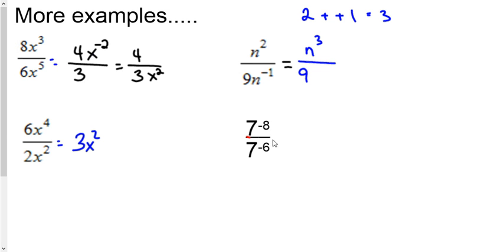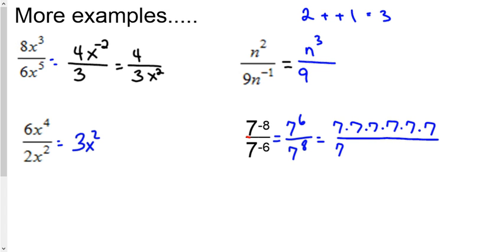Now, here we have this issue. Make your exponents positive. So what we have here is where they were both negative. They're literally just going to flip to different places. And now we've got 7 multiplying itself 6 times: 5, 6. There's the 6th one. Now we got 8 7s down here.